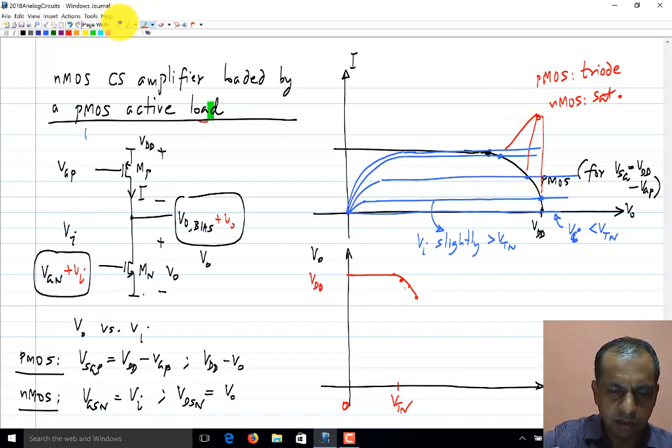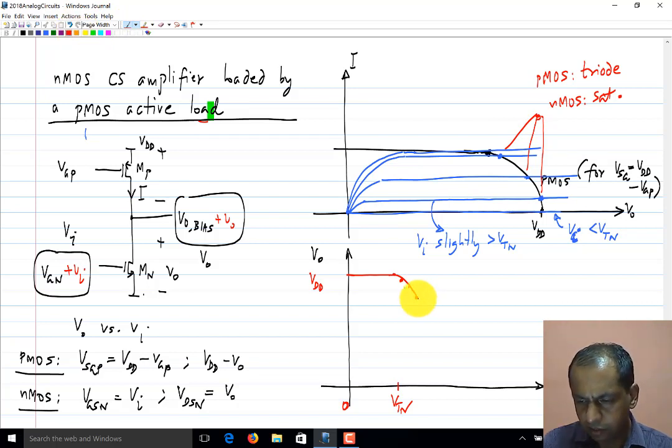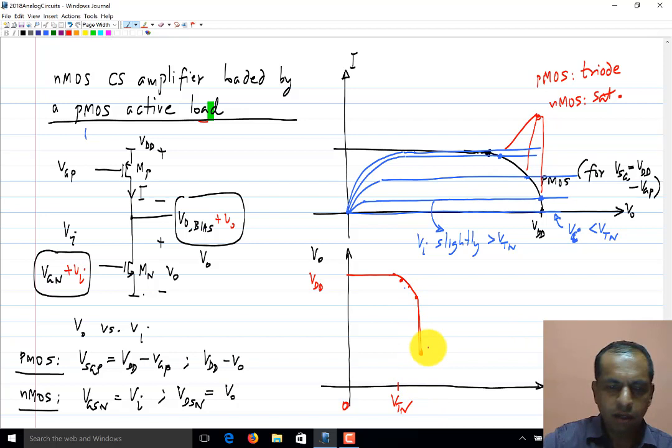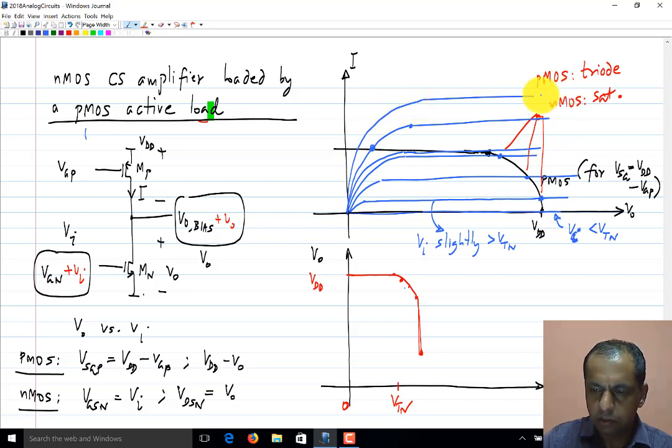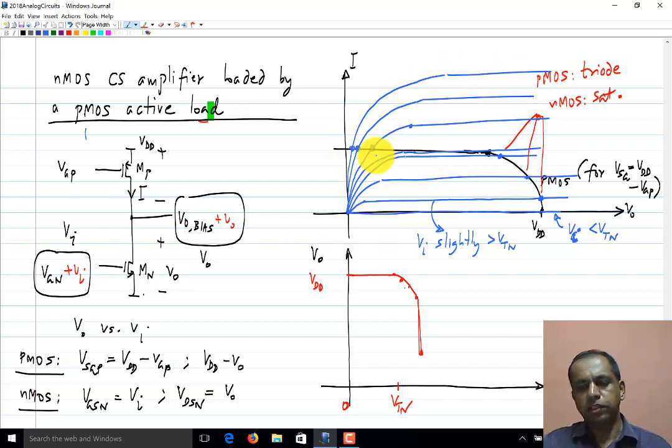So in this case, a small change in Vi changes the output voltage by a large amount. And for values of Vi beyond that, the NMOS transistor goes into triode region, and the PMOS transistor will be in saturation region.